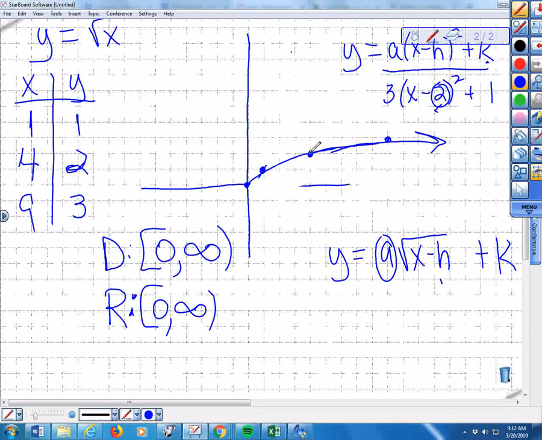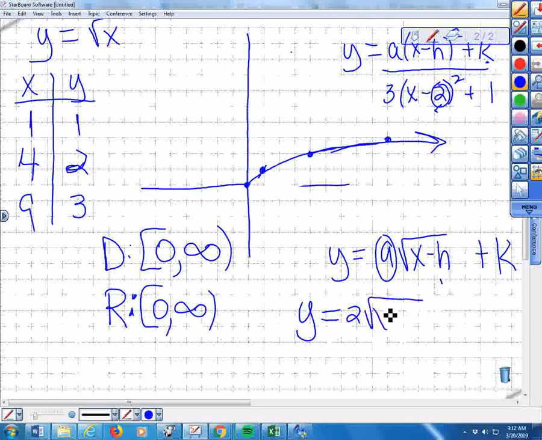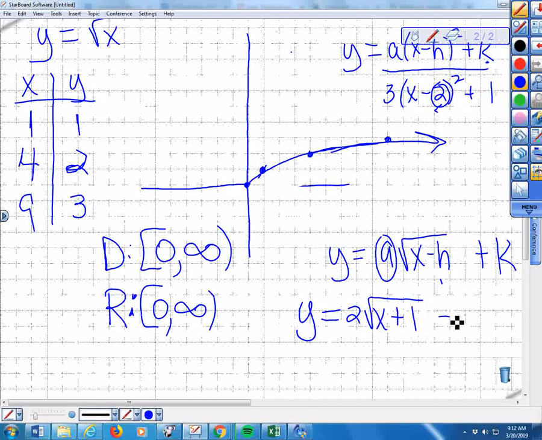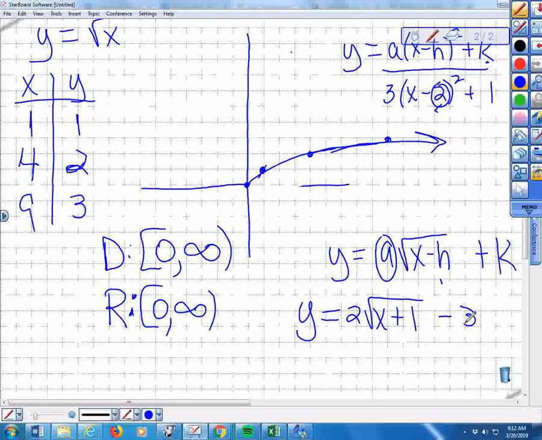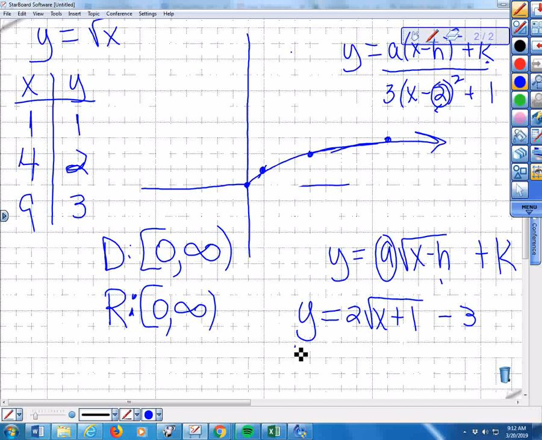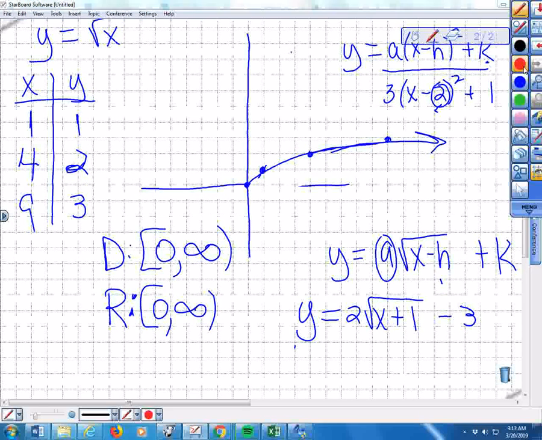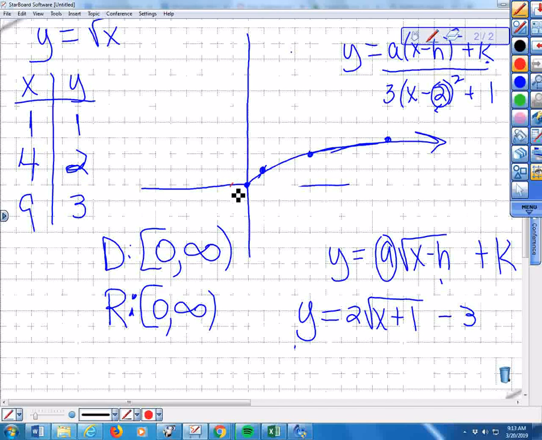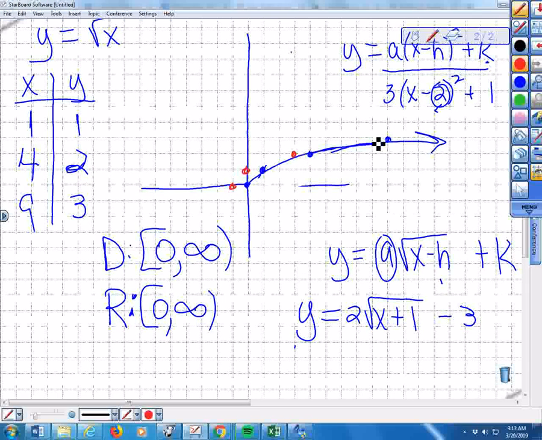and I want to figure out what this does to this general form. It's going to take every x value and shift it left 1. So this goes here, here, here, here.